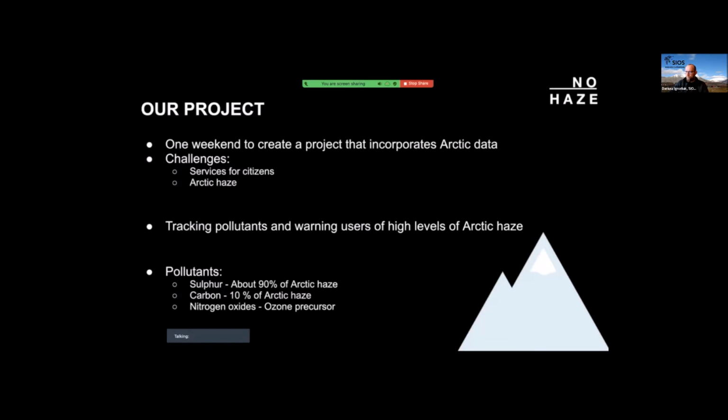Then carbon, which is the remaining 10% of Arctic haze. The carbon is helping warm up the Arctic faster than any other region. And then finally, we track nitrogen oxides, which are ozone precursors that can also be detected in the Arctic haze in small amounts.